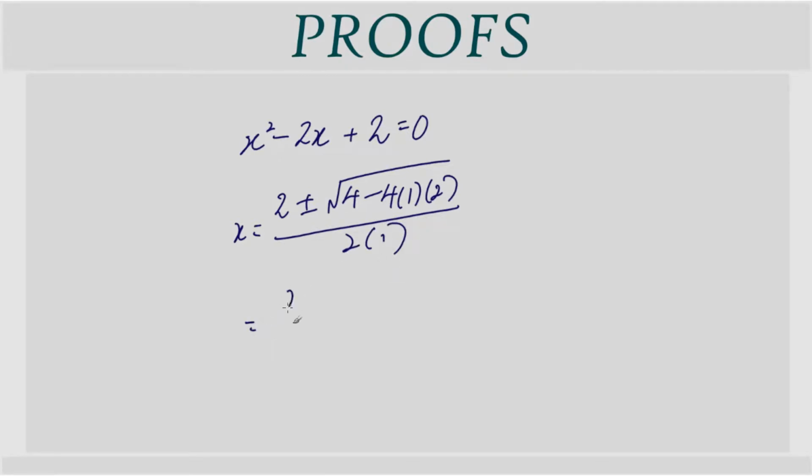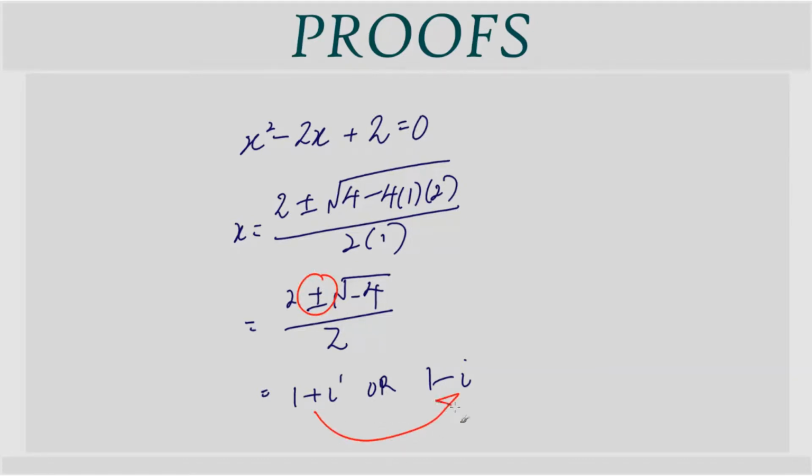Now this gives me 2 plus or minus square root of negative 4 over 2, which gives me 1 plus i or 1 minus i. Now you realize that the plus minus sign on the top over here is the one that gives rise to the conjugate pair, because if the number in the square root is a negative number, you're sure to get complex numbers within the roots.